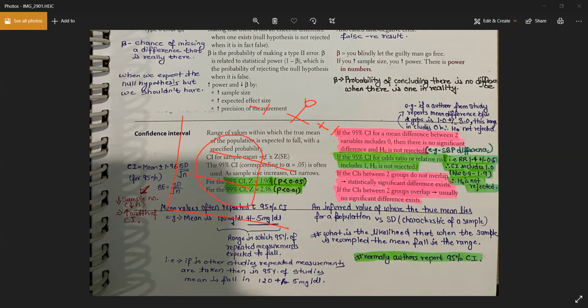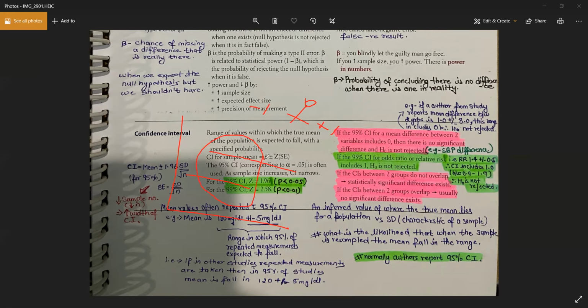This means the study is rejected, H0 is accepted. So for the mean difference it is 0, for the odds ratio or the relative risk it would be 1. And for the graph, if there is overlapping, then your study is rejected completely.